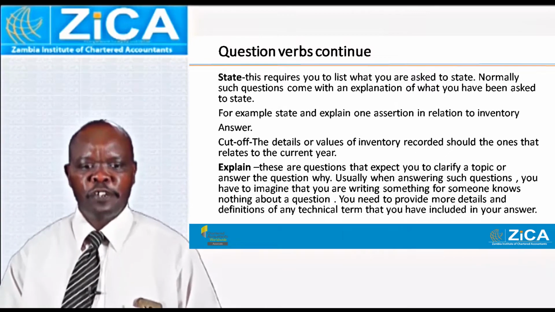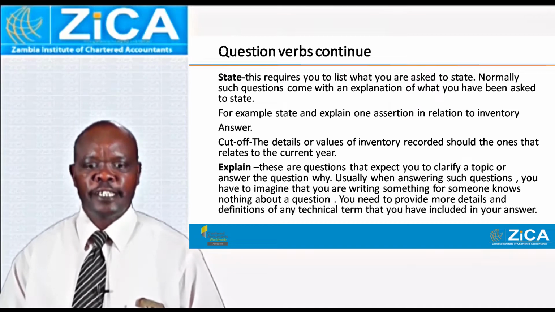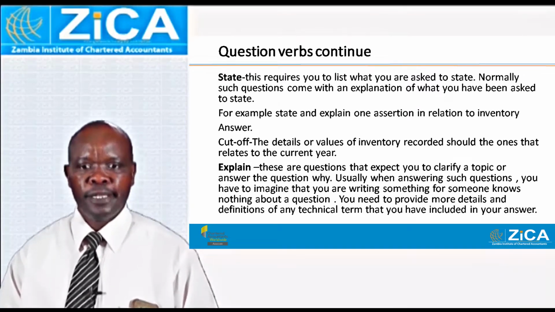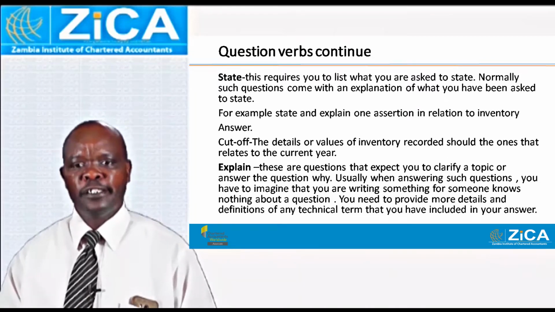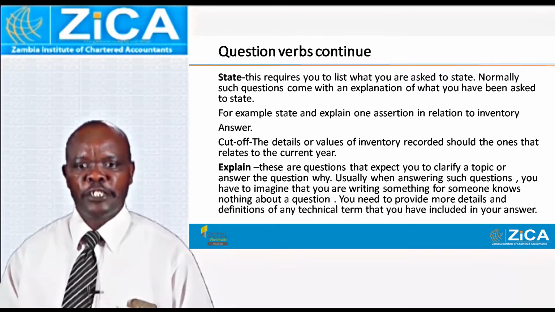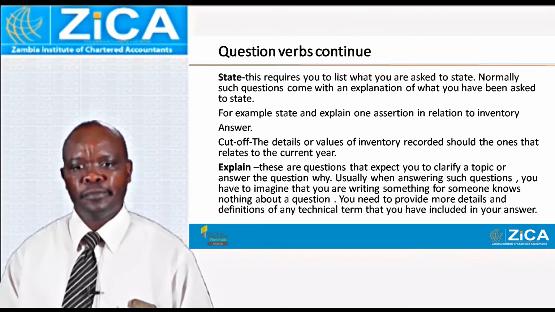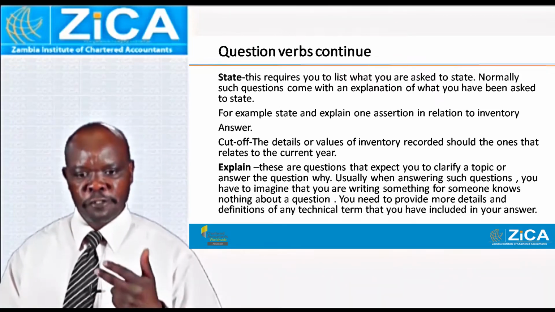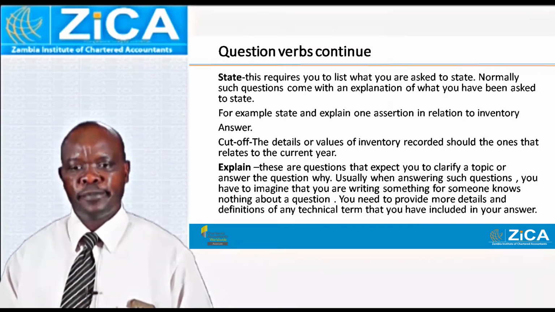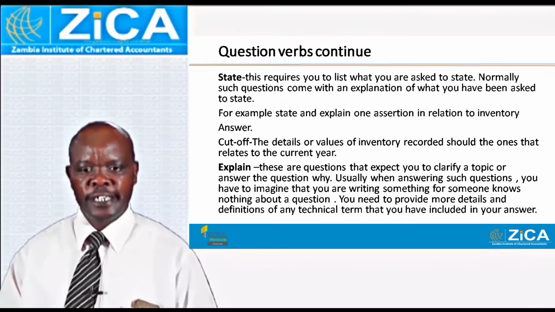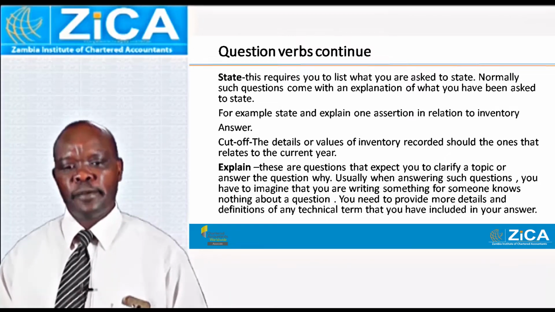For instance, if a question says state and explain, again, this is another area that you need to know. The state and explain means the question has two kinds of verbs. Stating, meaning that you have to list something and then explain that which you've listed. Marks are allocated for stating as well as for explanation.